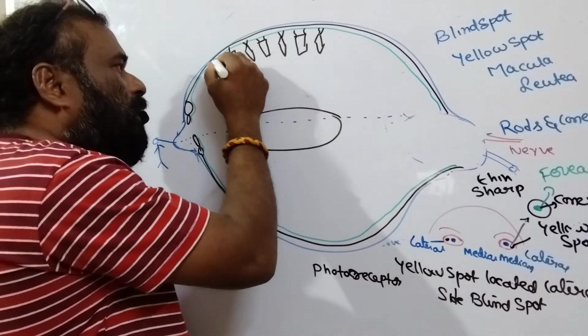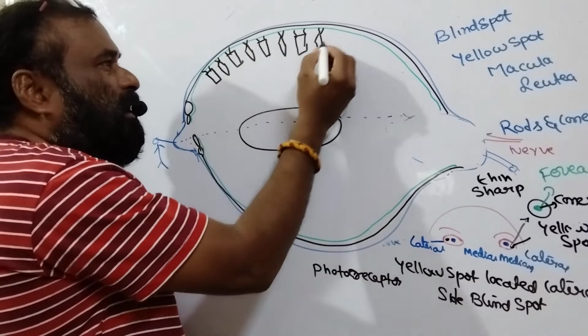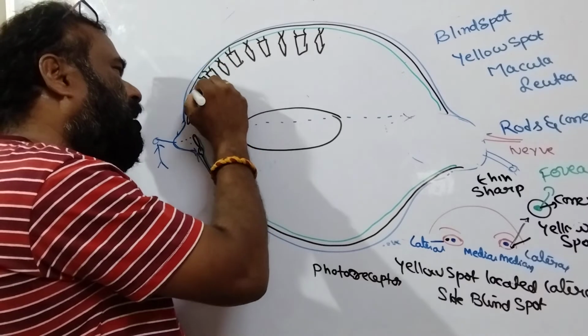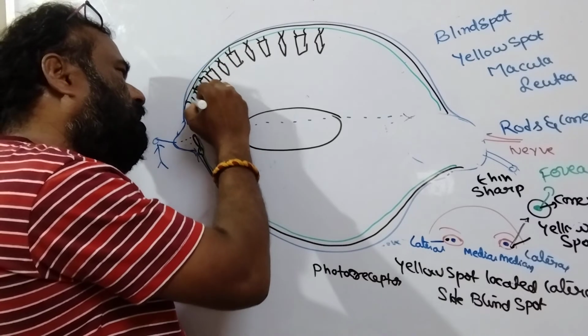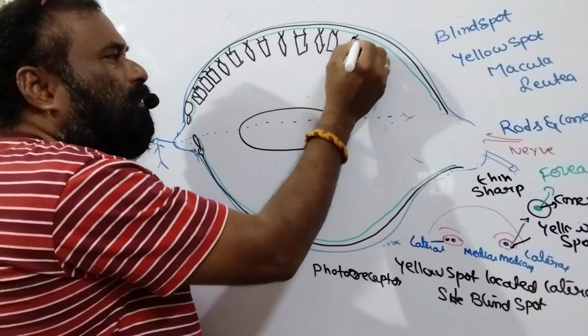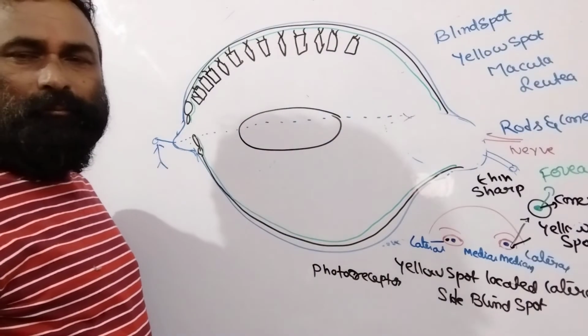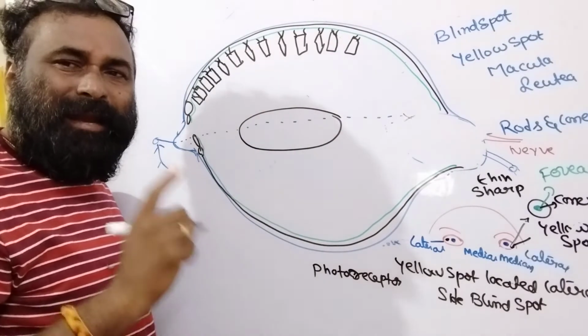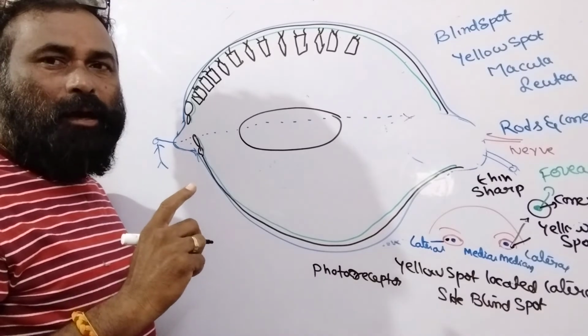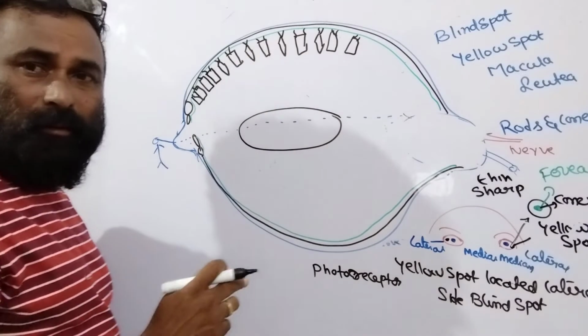In the photoreceptor layer, rods and cones are equally distributed.